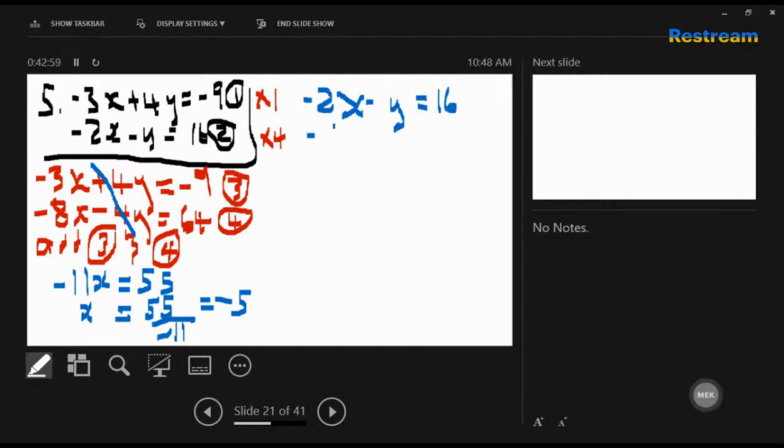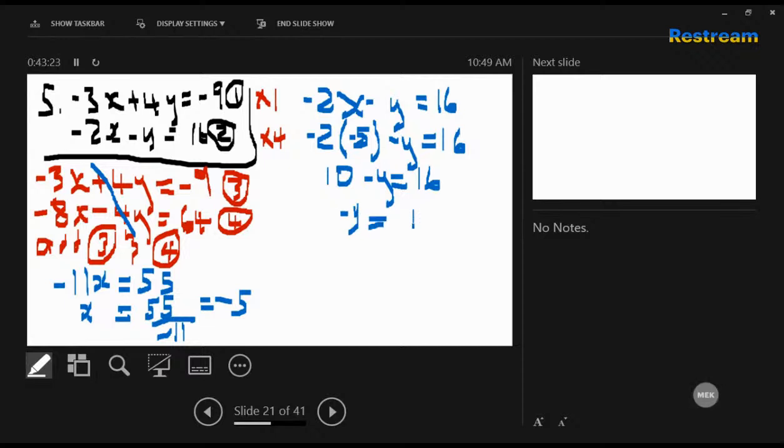And I'm plugging in negative 5 where x is. So negative 2 times negative 5 is positive 10. So negative y is 16 minus 10.